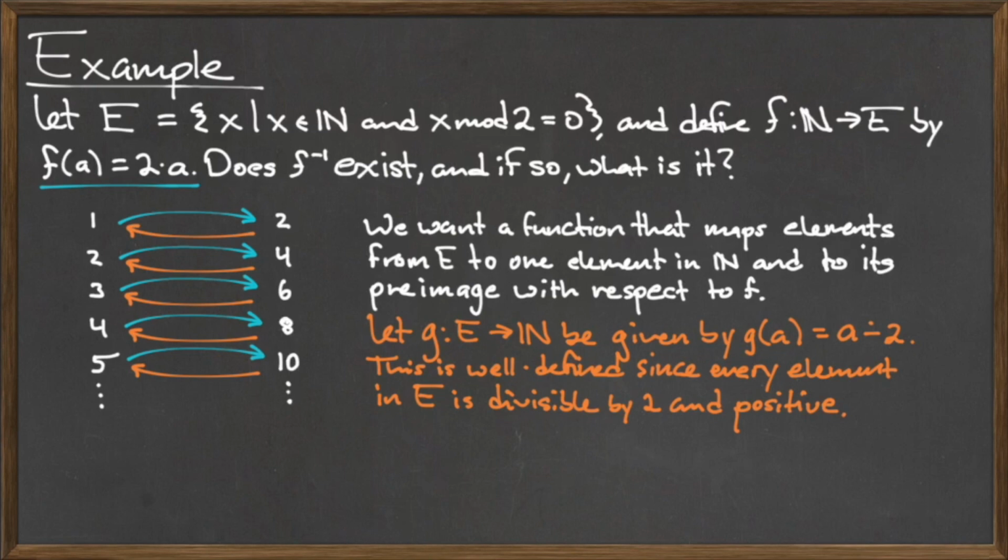If we consider the first 5 elements of the set E, which are 2, 4, 6, 8, and 10, when we apply our function g and divide each of these numbers by 2, we see that we do in fact recover the original preimages of these elements with respect to the function f.